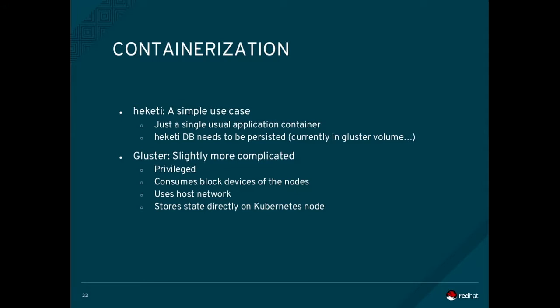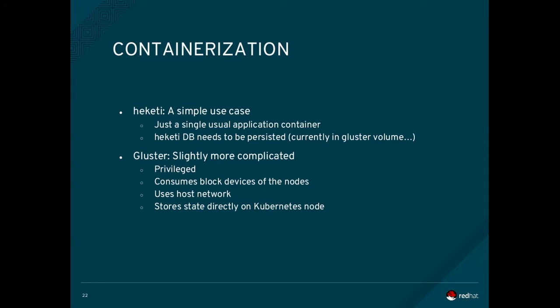And it runs as a privileged container, which means it can do certain things that containers are not normally allowed to do. So for instance, in this case, it can be given direct access to the /dev directory on the host that it's running on. And that's how it gets access to the block devices that Heketi then uses to create logical volumes on and turn them into bricks.